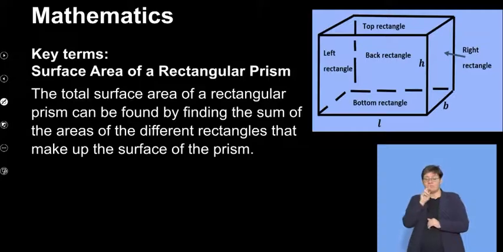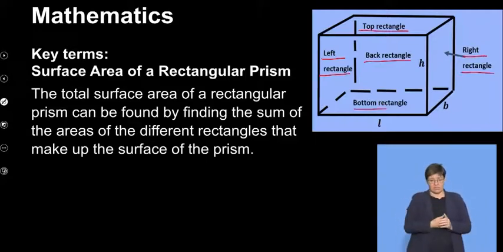If you look at the diagram, we have the left rectangle, the top rectangle, the back rectangle, the right rectangle, and the bottom rectangle. So we can see that we have 6 individual rectangles that comprise the surface area of the prism, and I need to find the area of each of these to find the surface area. Please just note before I carry on that we have length, breadth, and height.